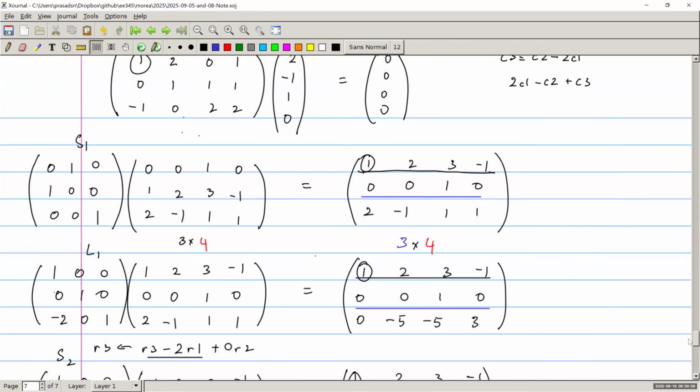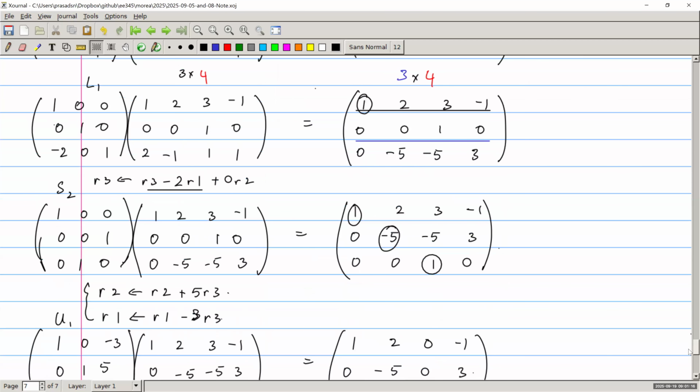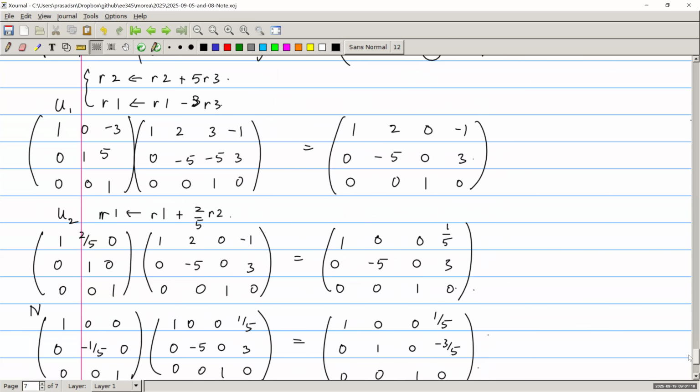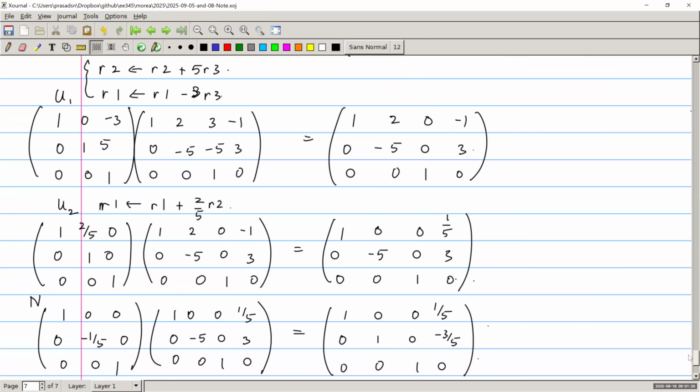The first operation we did was S1. Okay, then we did L1, and then we did another swap operation. Then we did the two upper triangular operations. Then we did a normalization.